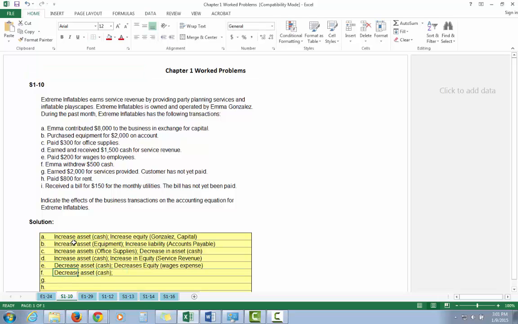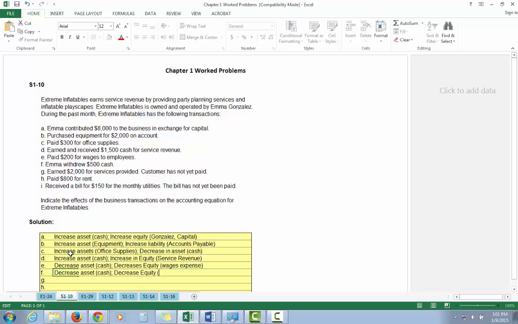And anytime a person takes out withdrawals or takes out cash of the business and they're an owner, it's going to reduce their capital account, all right? But we're going to keep up with that reduction in a separate account called withdrawals. So withdrawals decrease our equity.